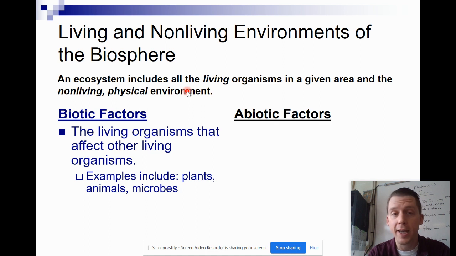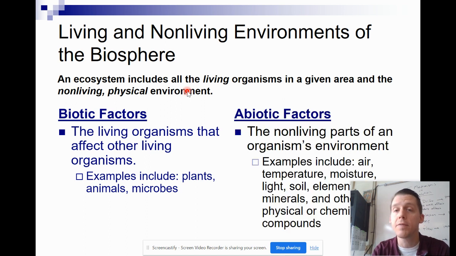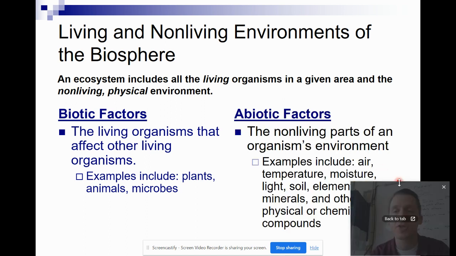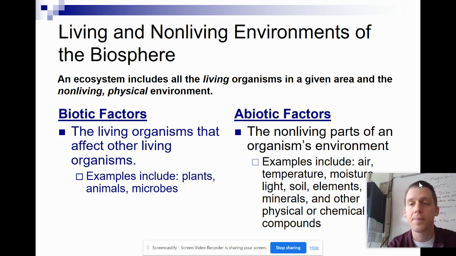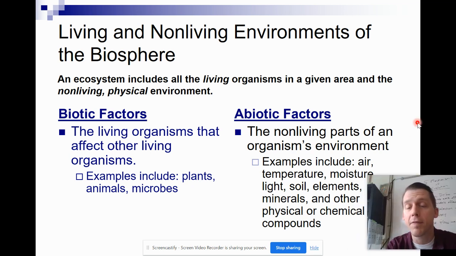That includes plants, animals, microbes, diseases, parasites. All of these things are biotic. Biotic means living. And then there's abiotic. The A means without. So these are things without life, or the non living part. So air temperature, moisture, light, different elements that you might find in the soil or the water, minerals, and other physical or chemical compounds.